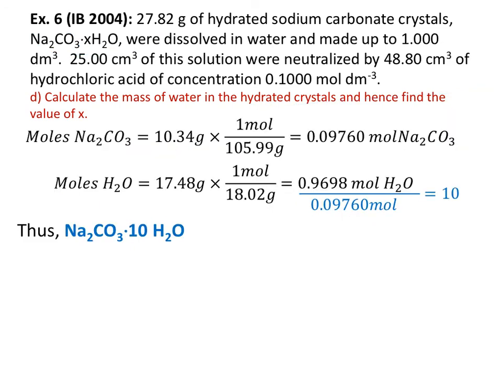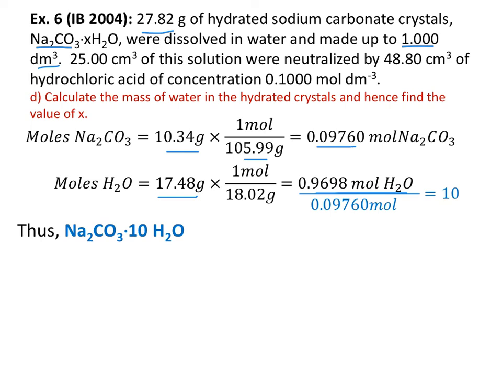So just to go over it again with the typed out version, the 10.34 grams was what we found in part C, the amount of the anhydrate in the 1 decimeter cubed of water. 105 is the molar mass, so we can get the moles of sodium carbonate. Then if you take the given 27.82 and subtract the anhydrate, you can get the grams of water, converting that to moles.